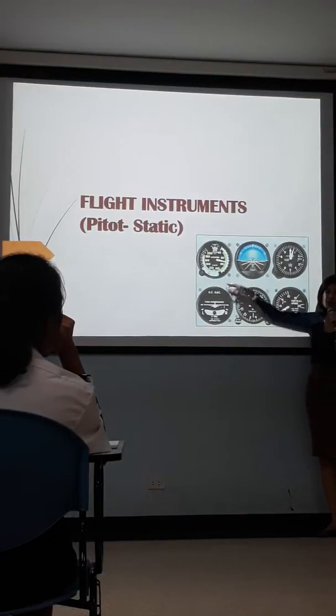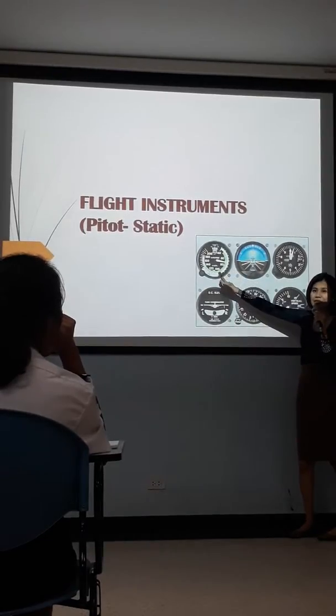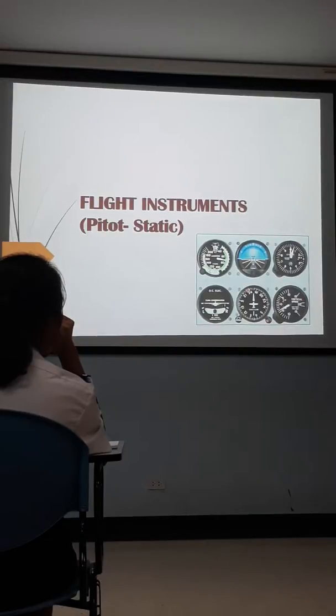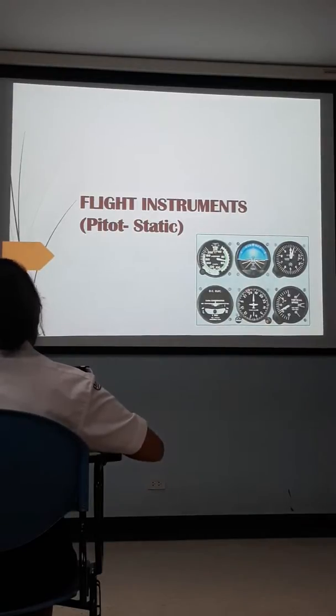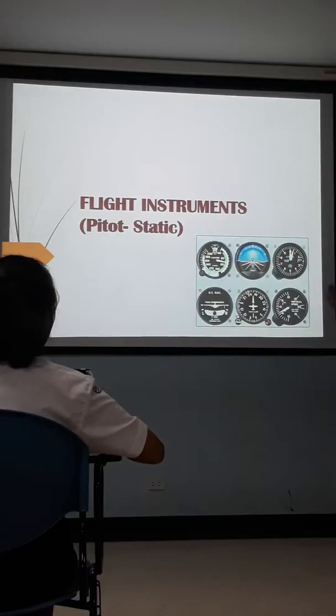This one is very easy to remember because you're gonna see different colors here, like green zone, yellow zone, and red zone. This one is called the airspeed indicator. Okay, this one, you can see white and black strips here. This one is called the altimeter.